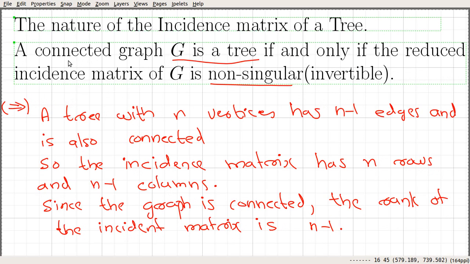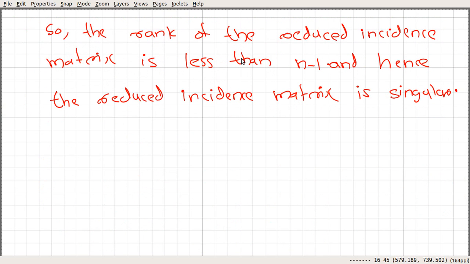And that says if the reduced incident matrix of a connected graph G is non-singular, then the graph G is a tree. Okay, so we are able to prove both directions here. Okay, and that's the proof. So hence we have the result.